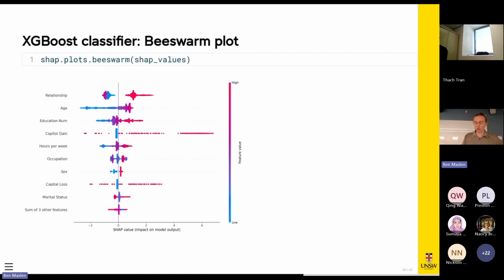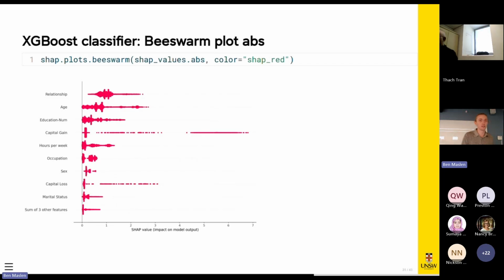So if we only wanted to look at the influence of these variables, we could take away the direction and just take the absolute value of them all. This is an alternative to doing the bar plots that we saw before. And this helps to drive home that point that we talked about. A lot of the time capital gain does nothing, but when it does do something, it does quite a lot, okay?